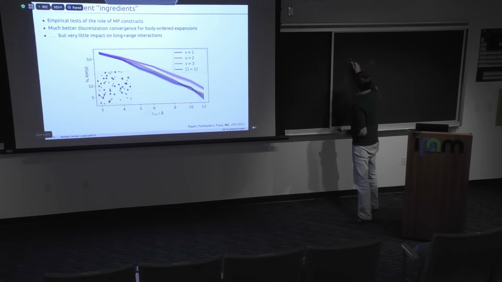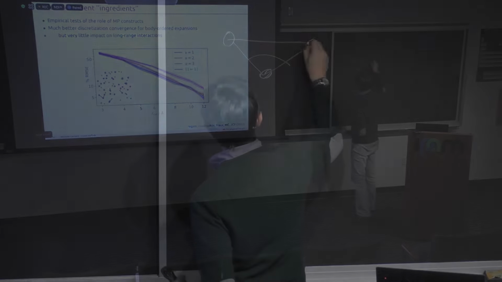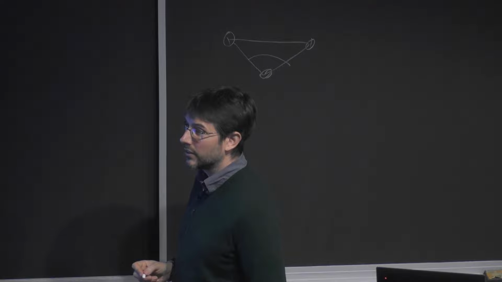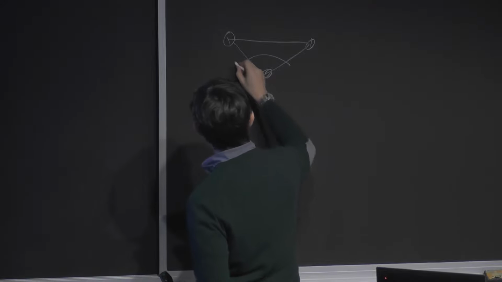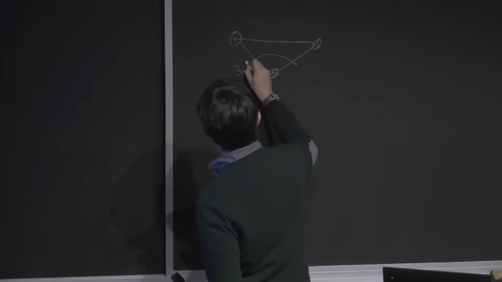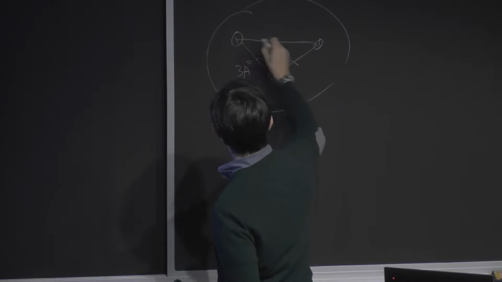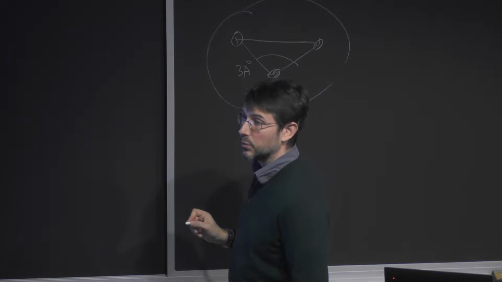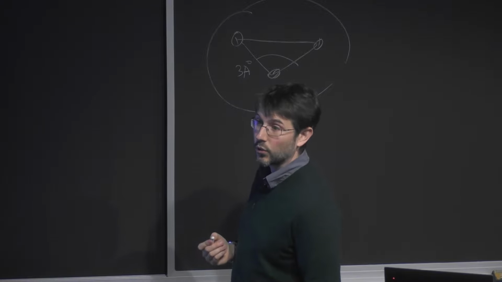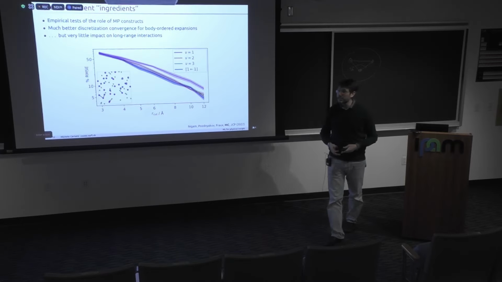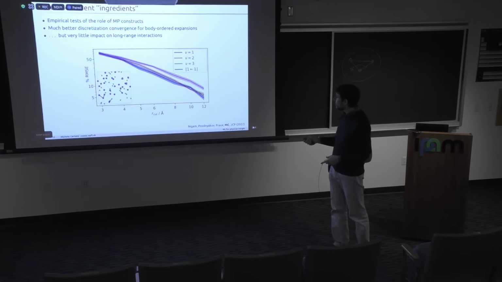because if you look at the correlation between 2 neighbors, you get information also on atoms that are further apart than the cutoff. Okay? Imagine that I have a cutoff of 3 angstrom. If I look at 3-body correlations, I get indirectly information on the distance between these 2 atoms that is greater than 3 angstrom. So this is one way in which increasing the body order allows you to improve the accuracy for a given cutoff.